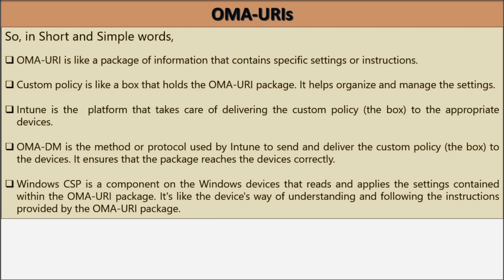OMA-DM is the method or protocol used by Intune to send and deliver the custom profile, the box we are talking about here, to the device. It ensures that the package reaches the device correctly. Last, the Windows CSP is a component on the Windows device that reads and applies the settings contained within the OMA-URI package. It's like the device's way of understanding and following the instructions provided by the OMA-URI package.